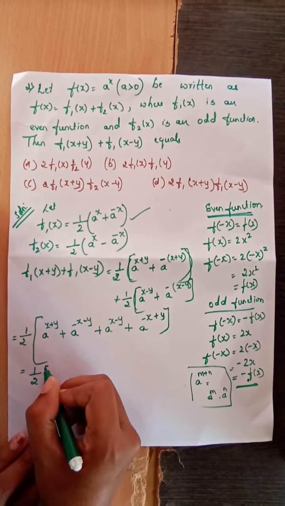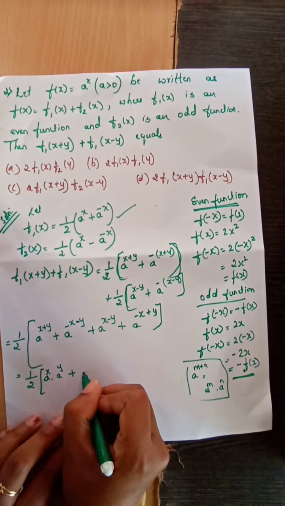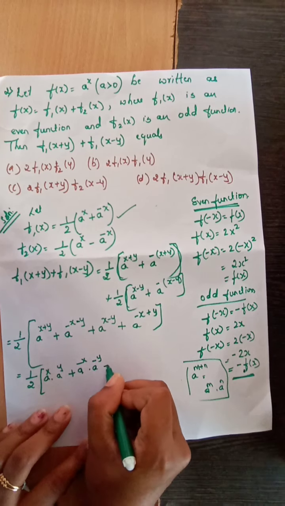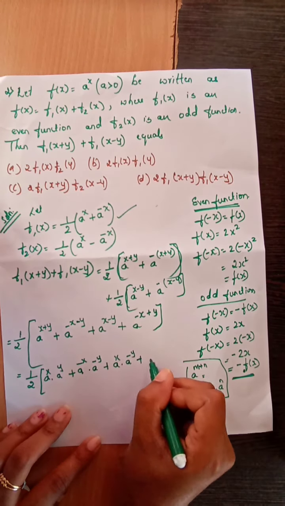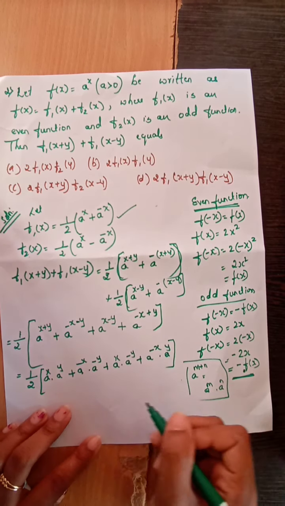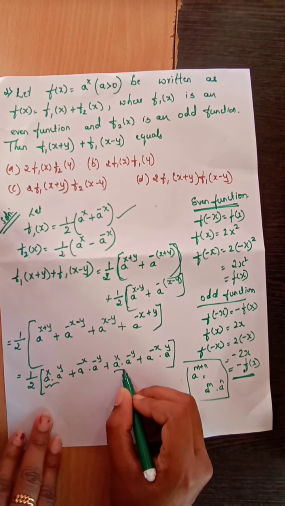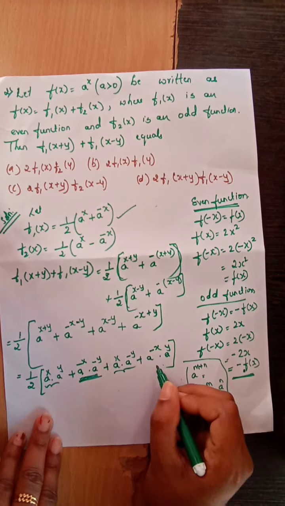So it is a power x into a power y plus a power minus x into a power minus y plus a power x into a power minus y plus a power minus x into a power y. Now I'll take a power x terms together and a power minus x terms together.